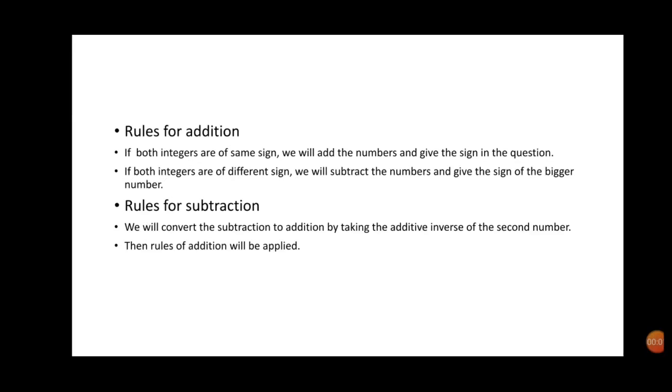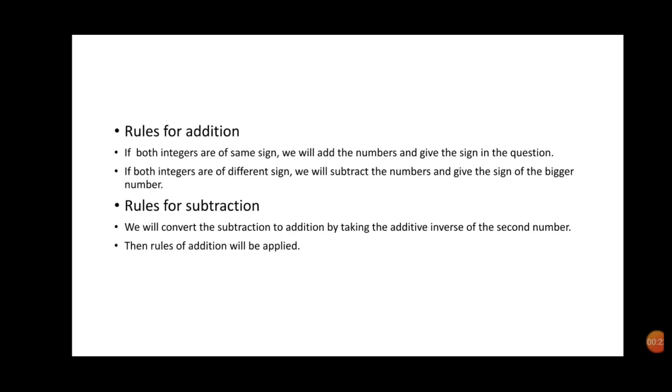So this is how to add and subtract integers. That is, if we are adding integers of the same sign, we will add them and give the sign which is in the question. If we are adding two positive integers, our answer will also be positive. If we are adding two negative integers, our answer will also be negative.